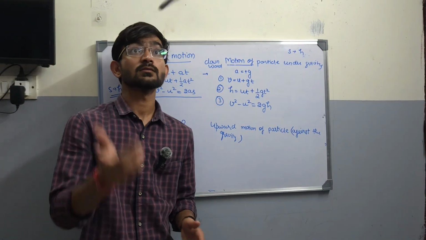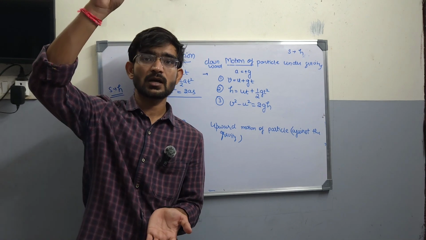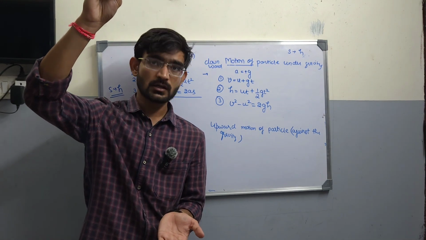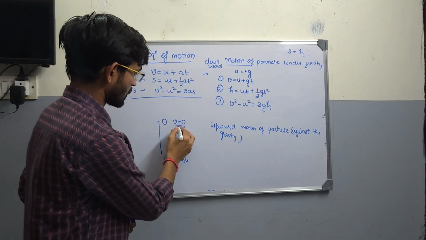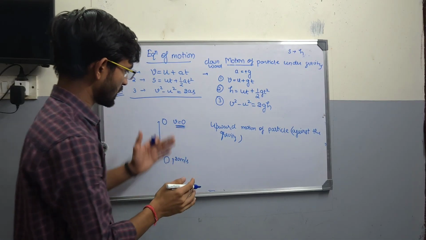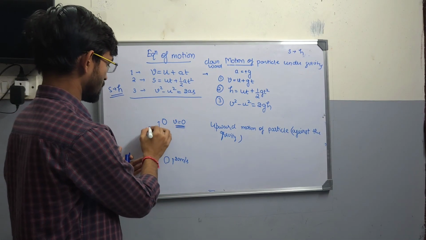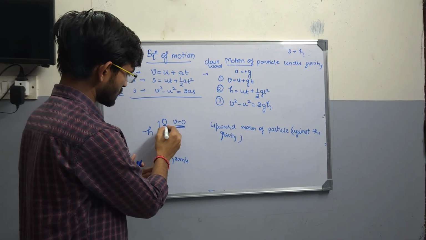Suppose I am throwing this marker up, it goes to its maximum height, then it starts downward motion. Similarly here, it goes to its maximum height, then it starts downward motion.